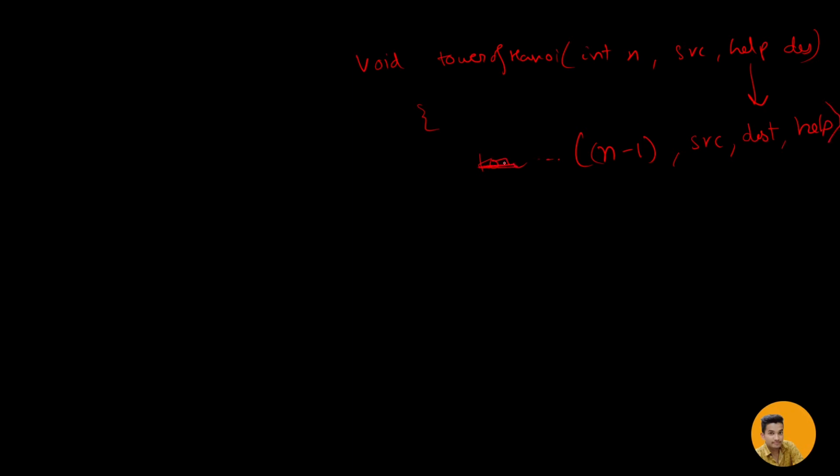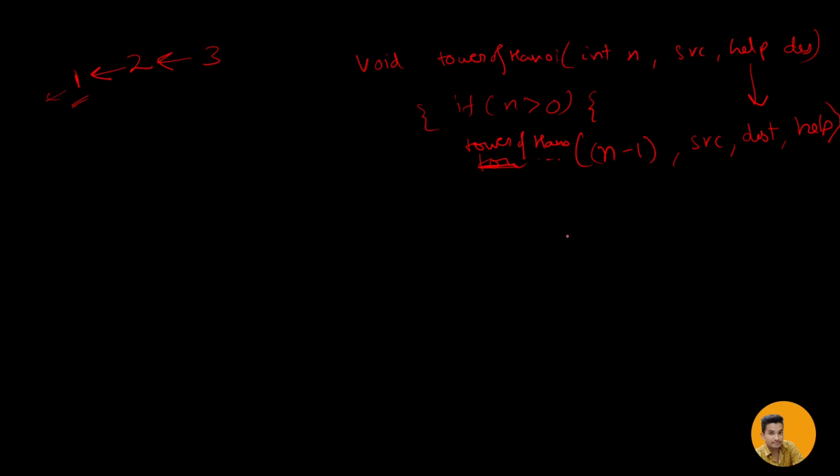I am calling this function for movement of 2 disks again, because we know for 3 disks you need to know the 2 disks, and for 2 disks you need to know 1 disk. So this is going to call itself again for 1, and this needs to stop when n becomes 0. So I can say if n is greater than 0, then perform this.